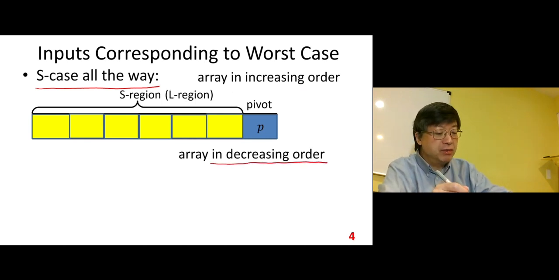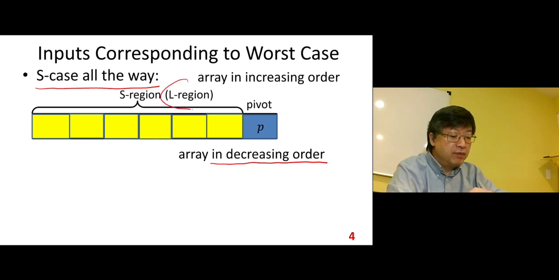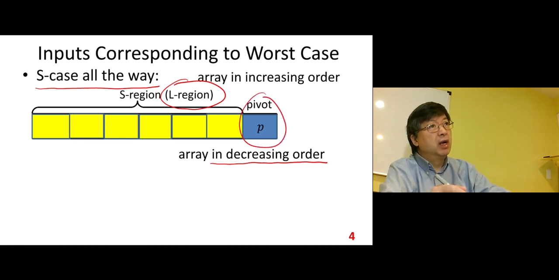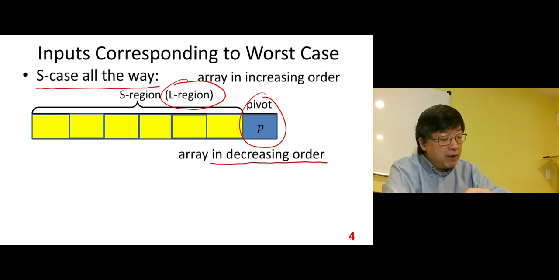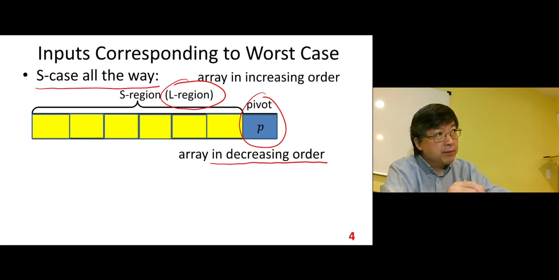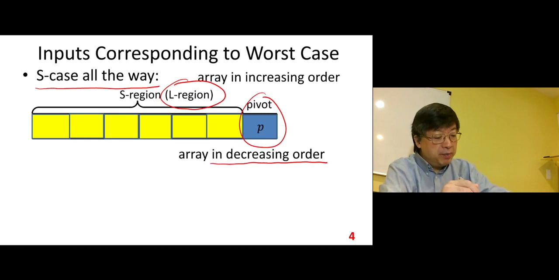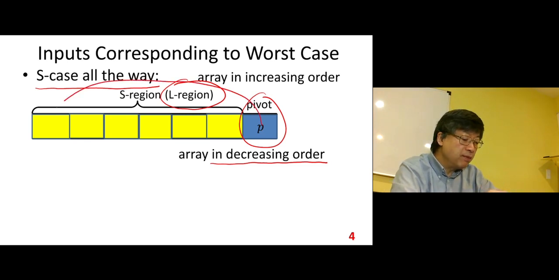In that situation, this time we have the L region with respect to this pivot element. The question is, do we have that L case all the way? The answer is no. Why? Because in this case, we need to do a swap.